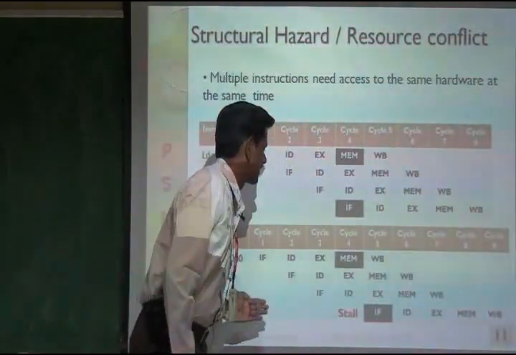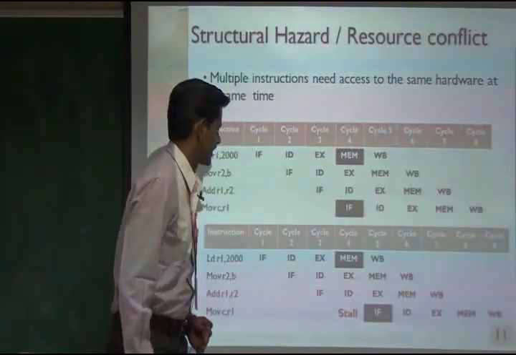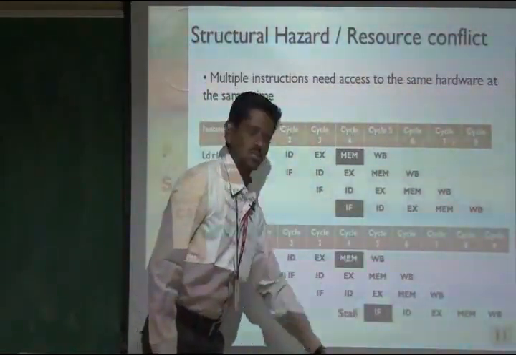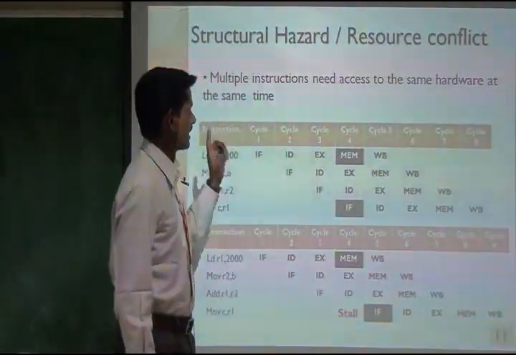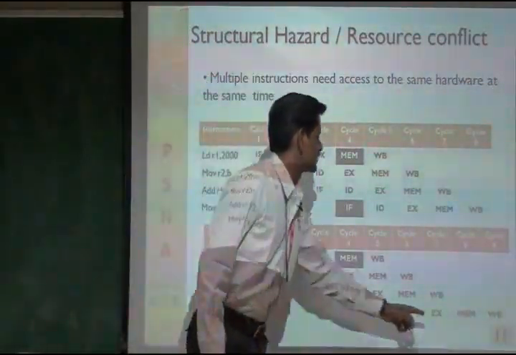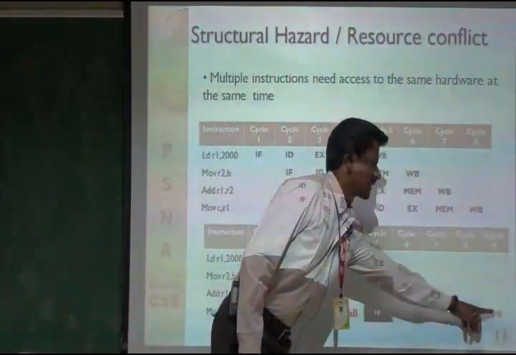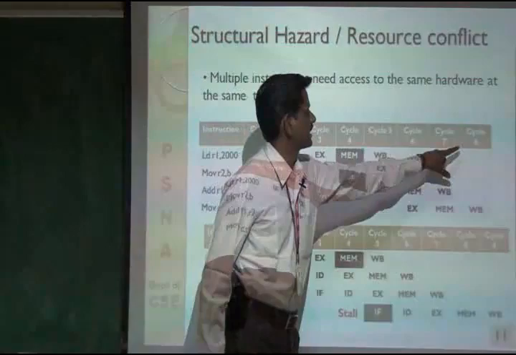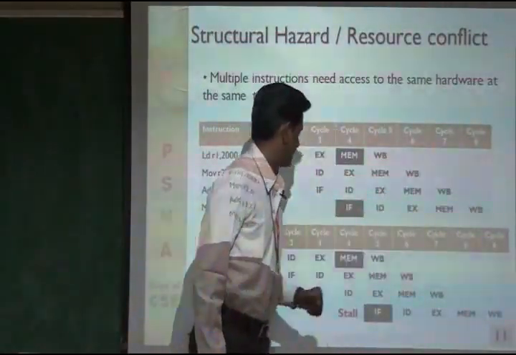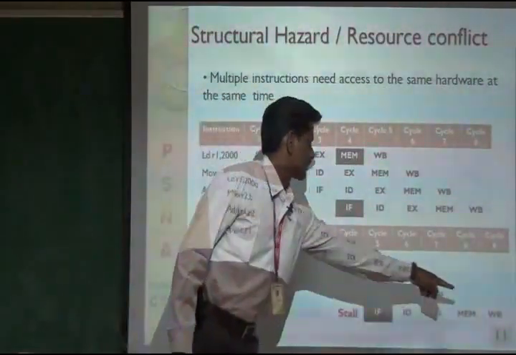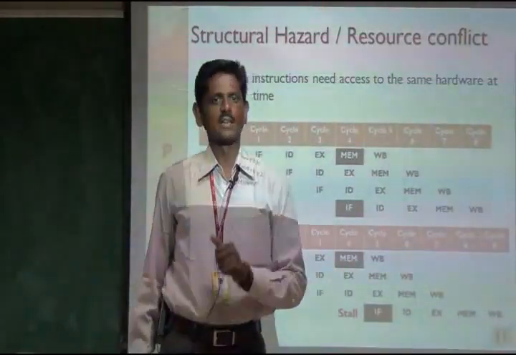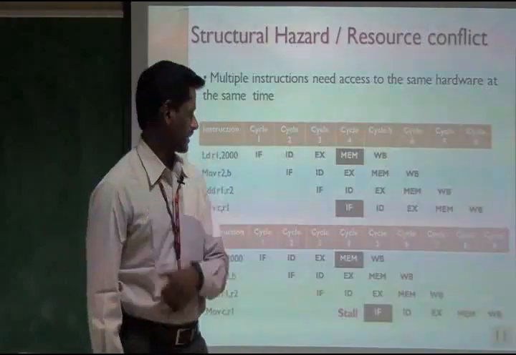Automatically the pipe is pushed one stage ahead. So in clock cycle 5 only does it start the fetch operation, and the total completion time is now 9. Whereas without the stall it may be completed in clock cycle 8, but with the stall it is completed in clock cycle 9. That is the drawback, that is the challenge with structural hazard.